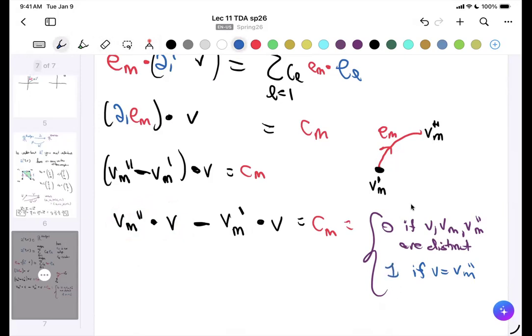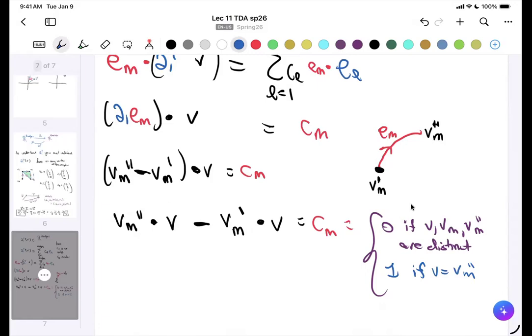It gives you one if V equals Vm double prime, right? What does it mean, qualitatively, to say that V equals Vm double prime? It means that V is like the sink, the head of the edge.